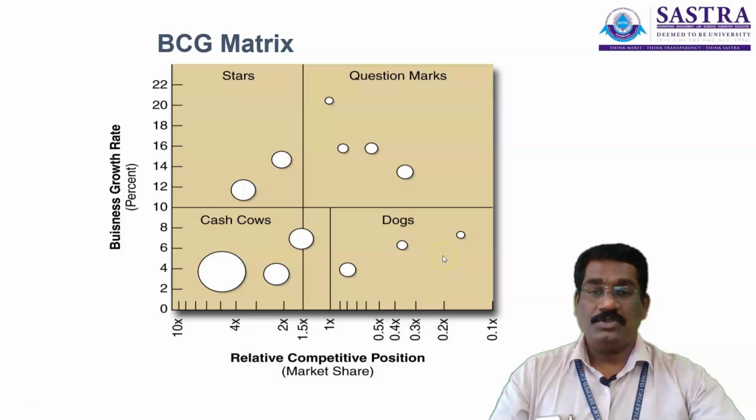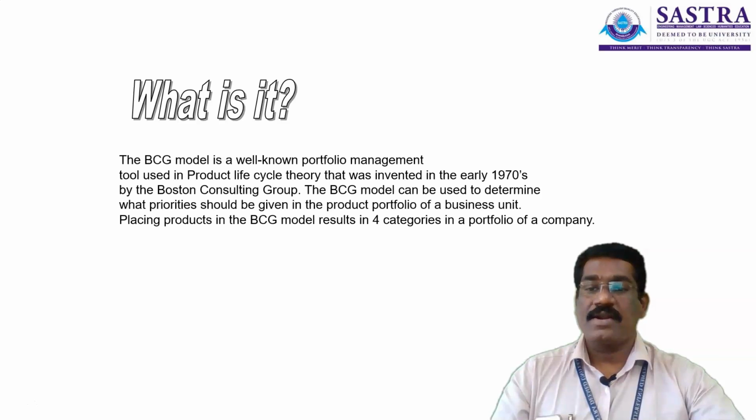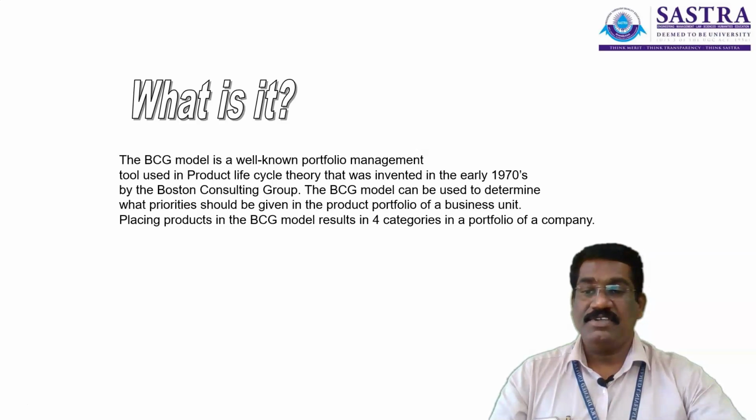So let us also look at the various strategies involved in the 4 quadrants, what we're supposed to do in using this BCG matrix. The BCG model is a well-known portfolio management tool used in product life cycle theory that was invented in the early 1970s by a consulting group called Boston Consulting Group.